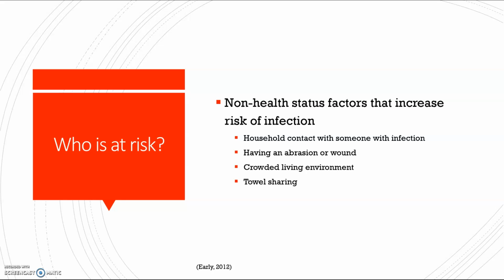These are also risk factors, but non-health status factors. So things like household contact with someone who has an infection, having an abrasion or wound yourself, and that's an open opportunity for this opportunistic pathogen to get in and cause infection. A crowded living environment could be a risk factor, as well as towel sharing.